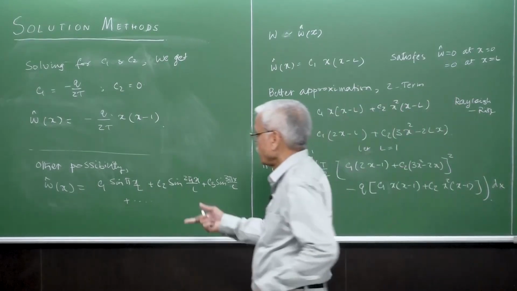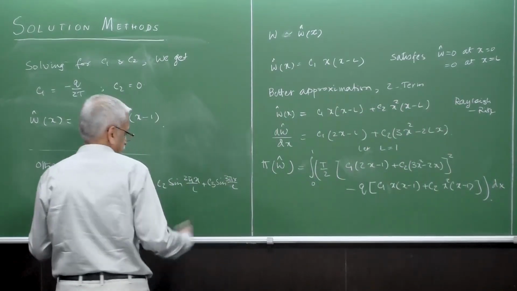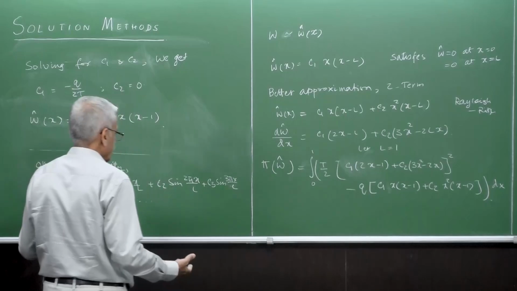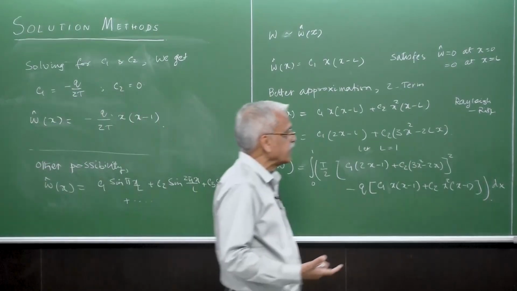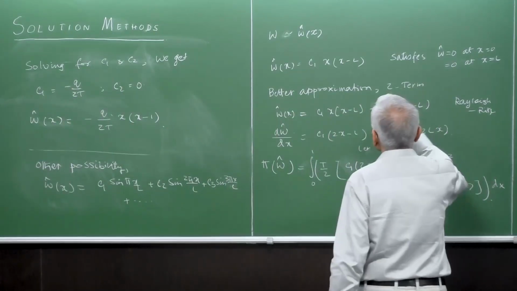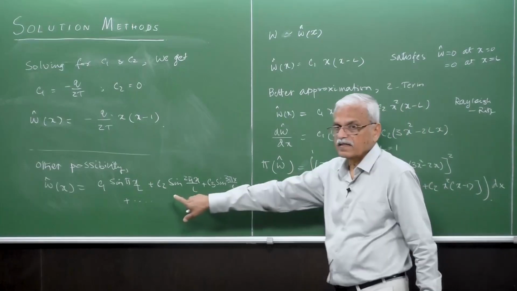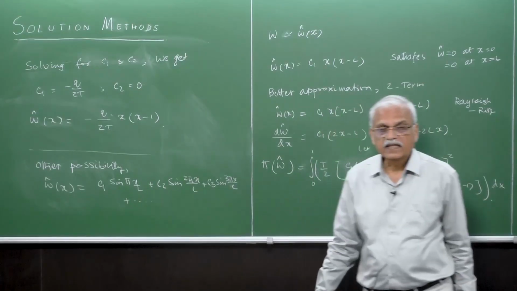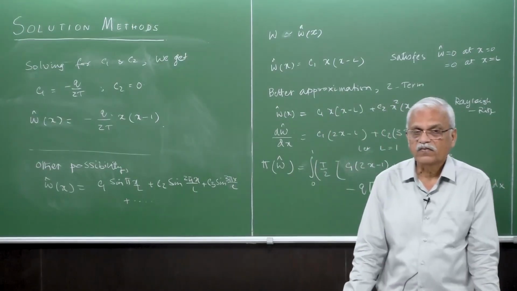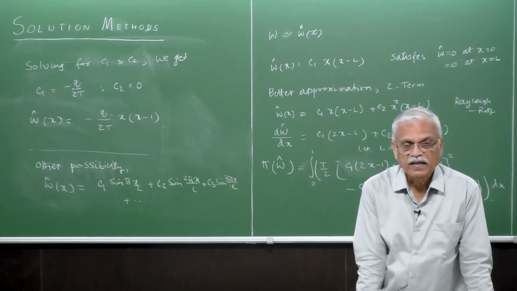So this is another set which is equally possible. Then you might ask me, is this a better set or is this a better set? In the limit as n goes to infinity, both of them are equally good.